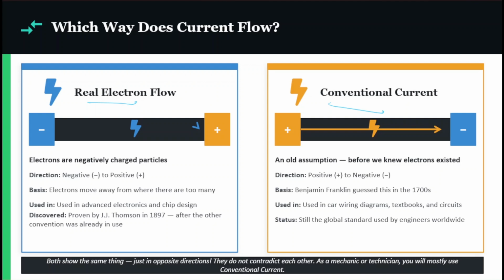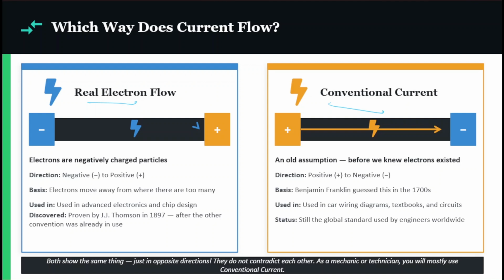So every circuit board, wiring diagram, textbook and circuit used this theory. Still in global standards we are using this now also. Even now, most of the cars are negative grounded.